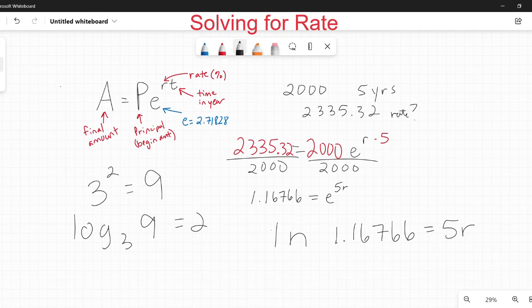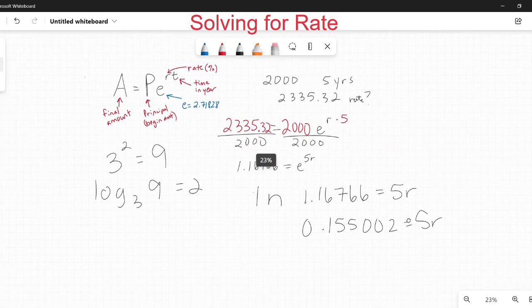In most calculators that are like scientific, not graphing, you type in this part first, the 1.16766, and then you hit your ln button. So if you do that, it will give you the natural log of this, and it is 0.155002. All right, equals 5r.